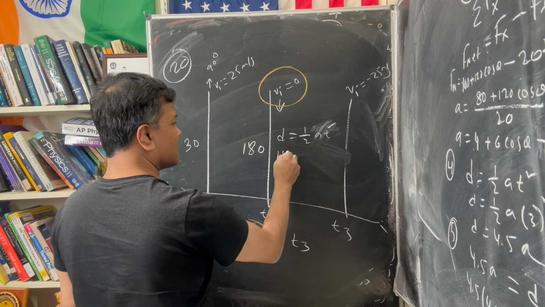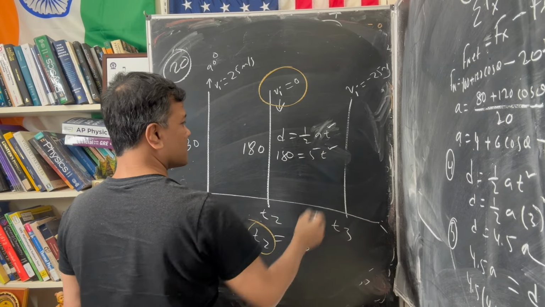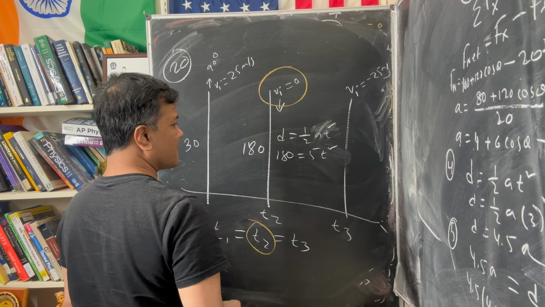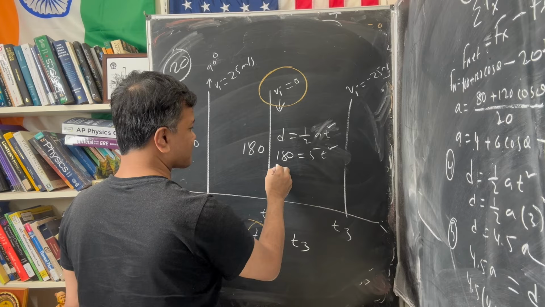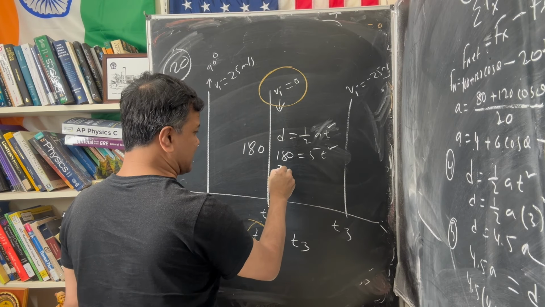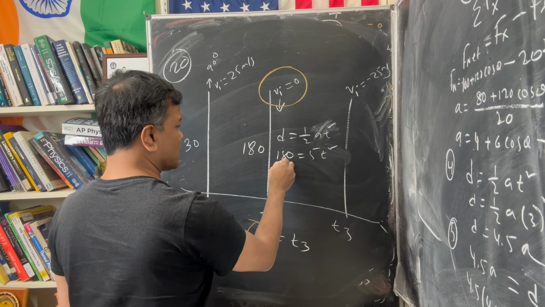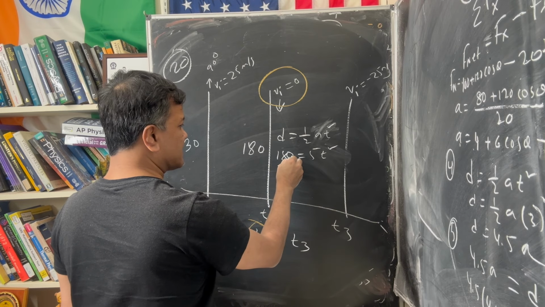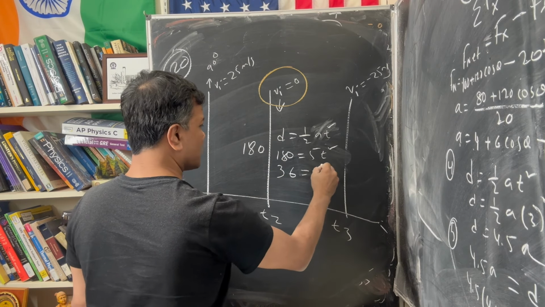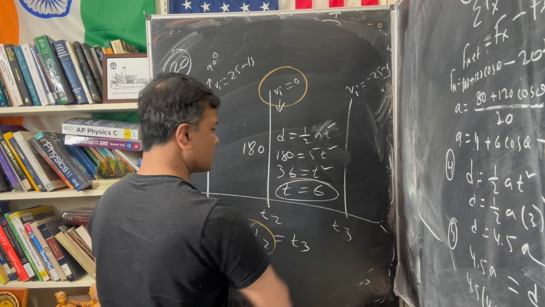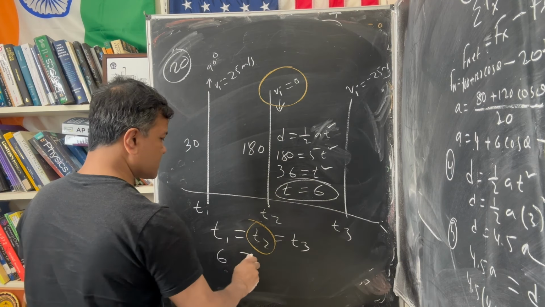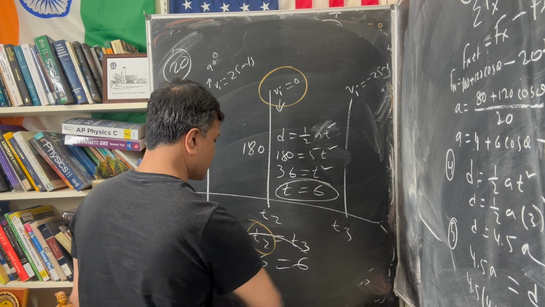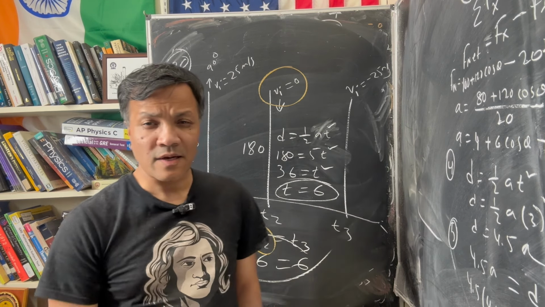D is 180, which is equal to 5t squared. 5 goes into 180, 36. So t squared is 36, t is equal to 6. So t1 is 6, t2 is 6, t3 is 6. Answer is 6. That was 20.